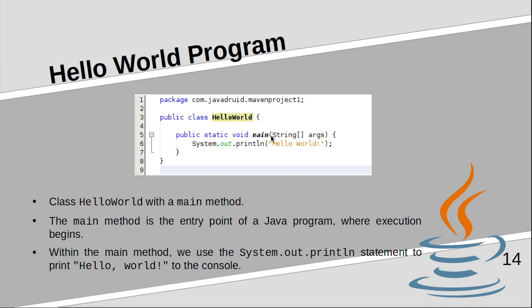between parentheses you have the arguments. In this case, it's an array of strings called args. This specific main function is very similar to C, if you know some C. You're going to find very many similarities in the syntax.